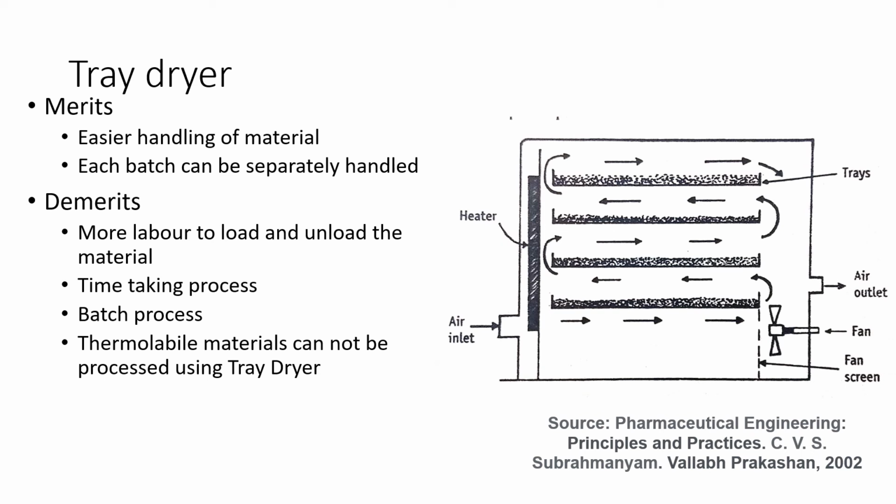And if we see the merits, it offers easier handling of materials, and in the tray dryer each batch can be handled as a separate entity. So the batch size is relatively small in the pharmaceutical industry as compared to the chemical industry. So we can handle those valuable products very efficiently.